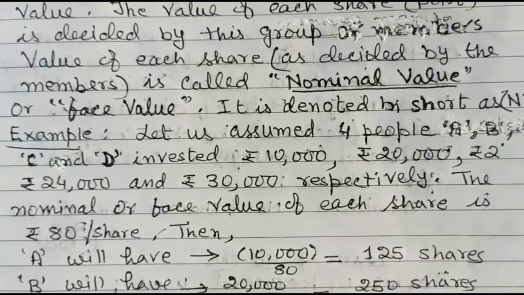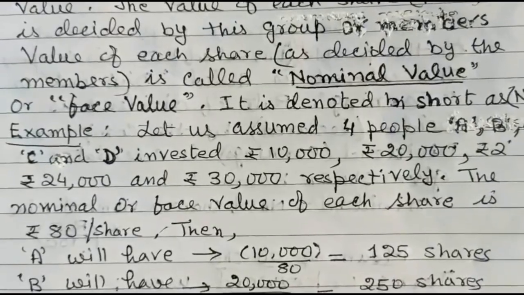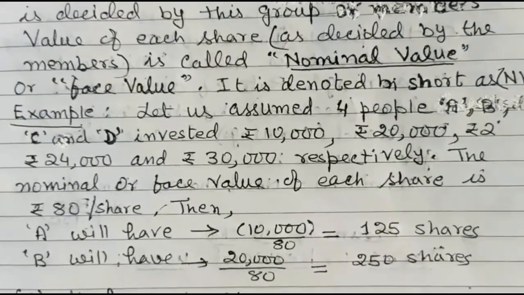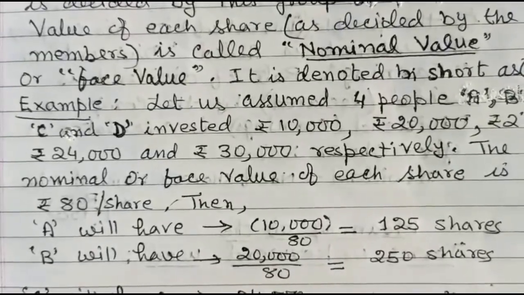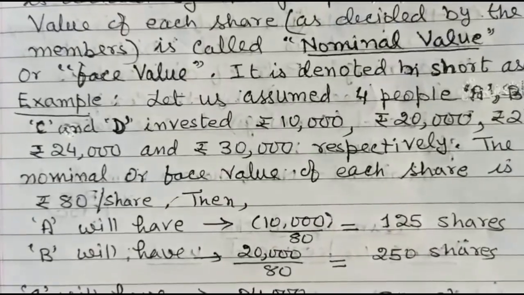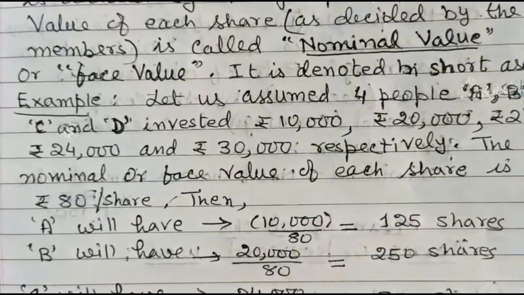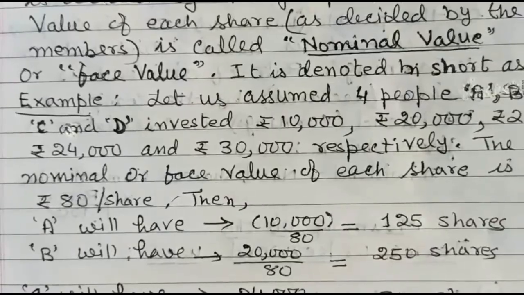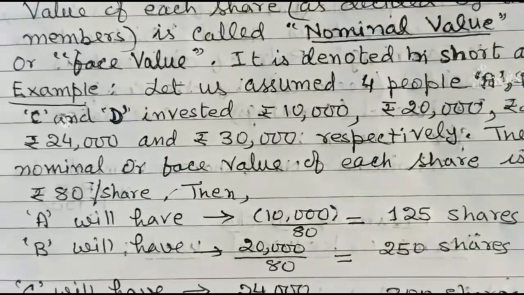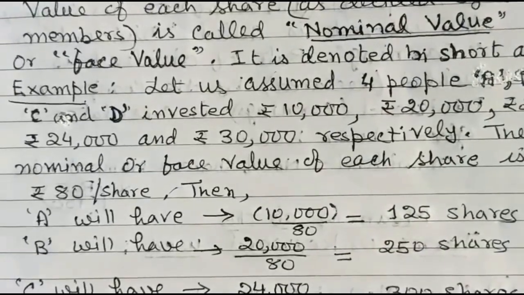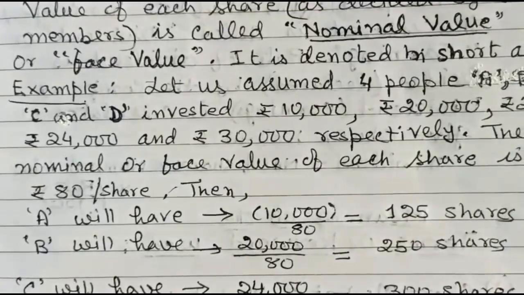Let us explain with an example. Let us assume 4 people A, B, C and D invested rupees 10,000, rupees 20,000, rupees 24,000 and rupees 30,000 respectively.